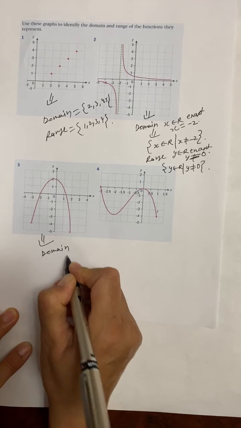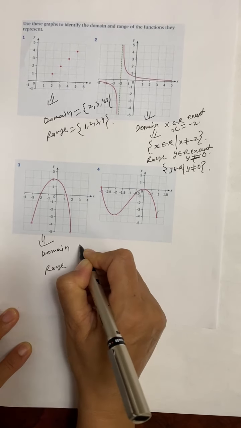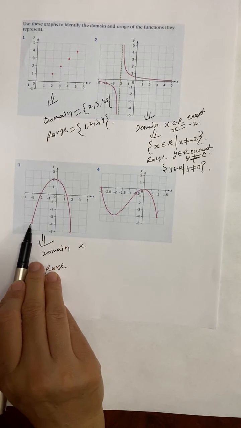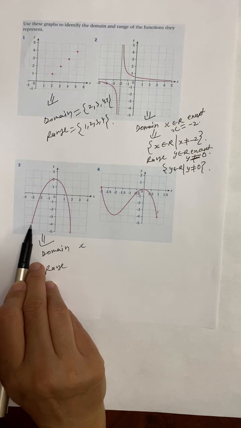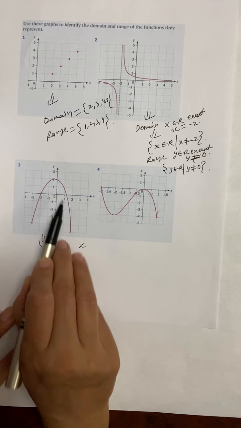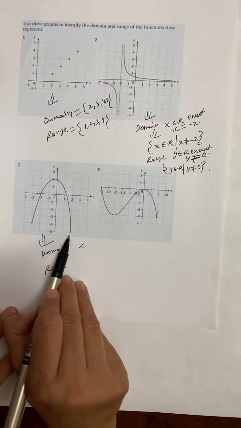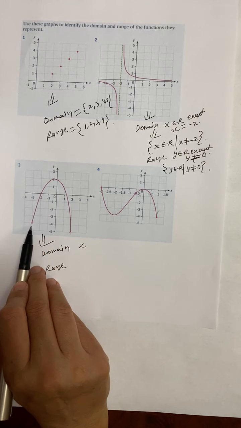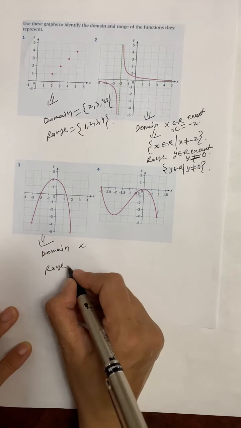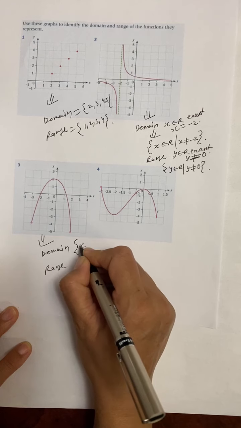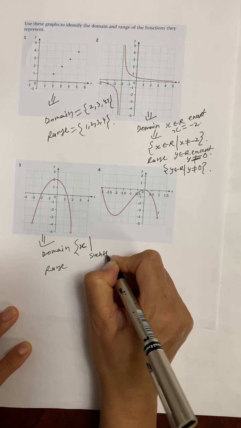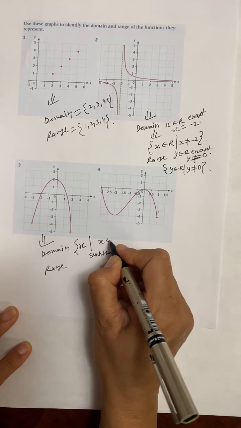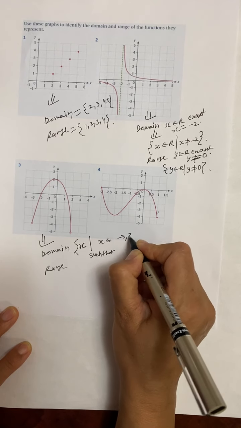Now this one, domain and range. These dots mean the graph starts from here and ends here. So here the x value is 2, here the x value is -3. So the domain is all x such that x belongs to (-3, 2).